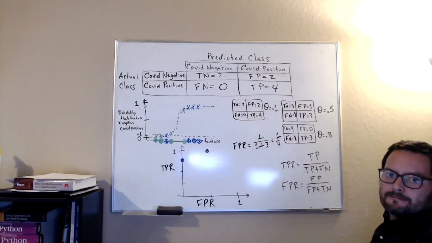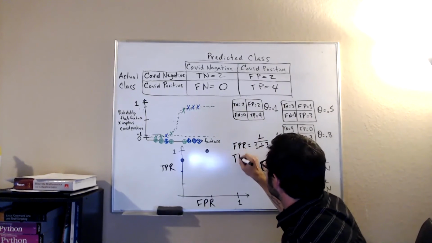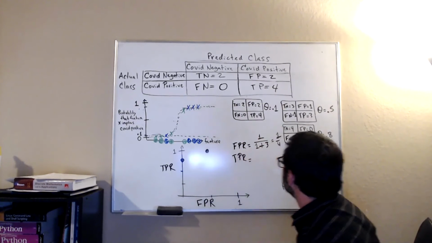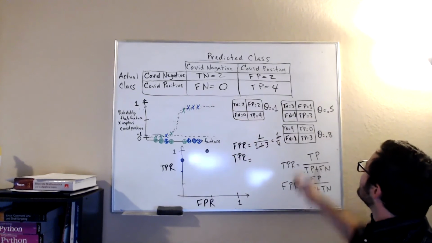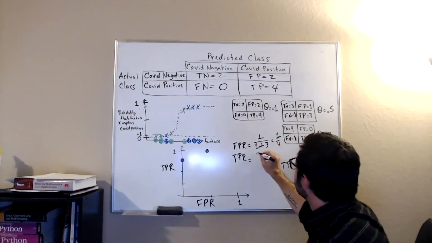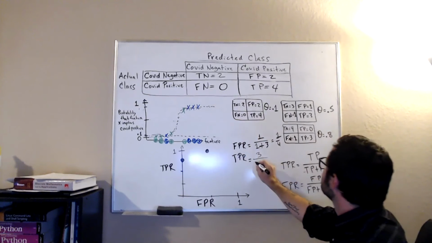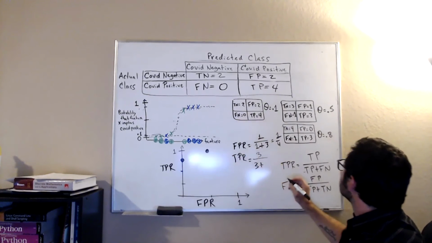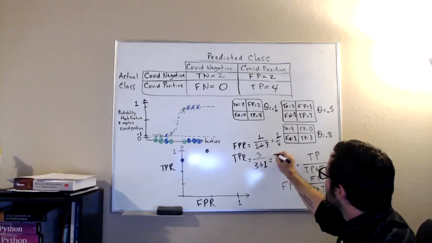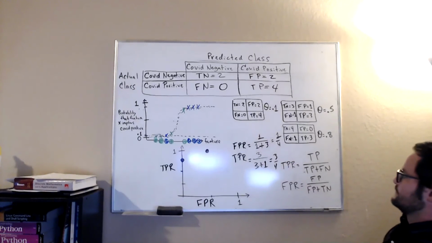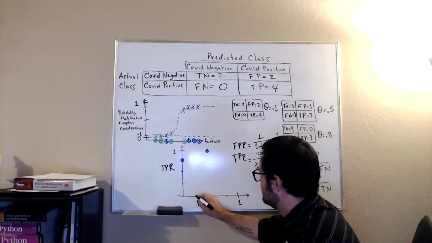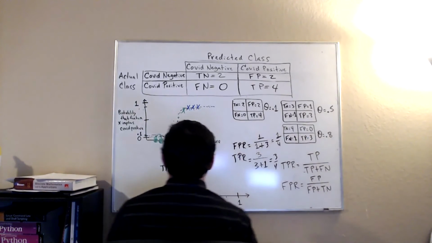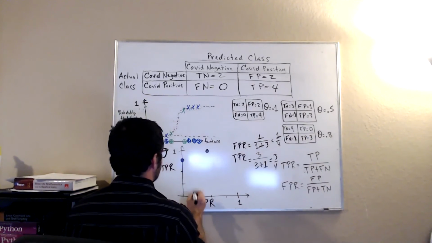And the true positive rate is going to be 3 over 3 plus 1, or 3/4. So the point is 1/4, comma 3/4.